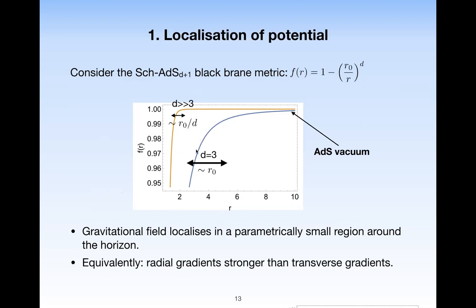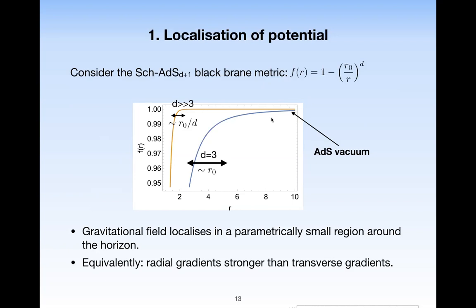Okay, and on this figure here, I plot precisely this blackening factor as a function of R for 2 cases. In this case, I picked D equal to 3, so we are in asymptotically ADS 4. And in this case, I think I picked D equal to 10. So the point is that this is much larger than 3. Okay. So we see that at very large values of R, this blackening factor goes to 1. This is essentially what one expects when we are in an asymptotically ADS spacetime.